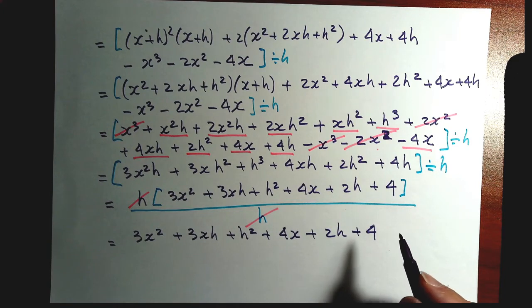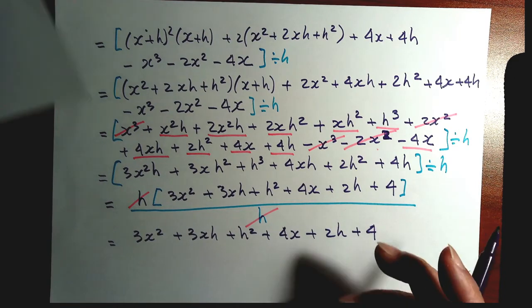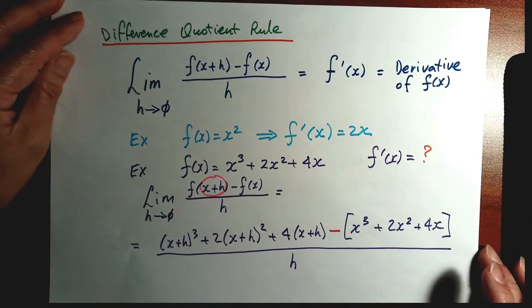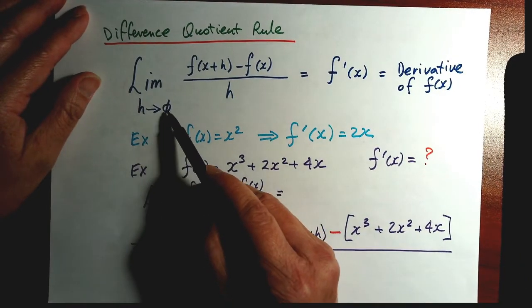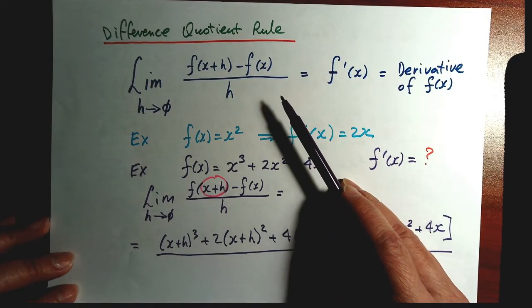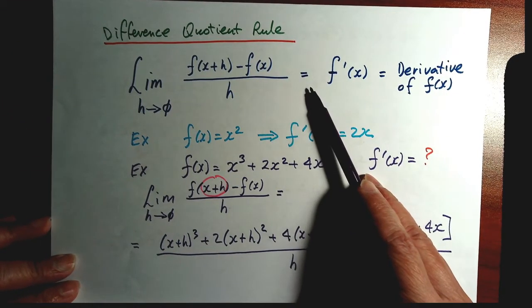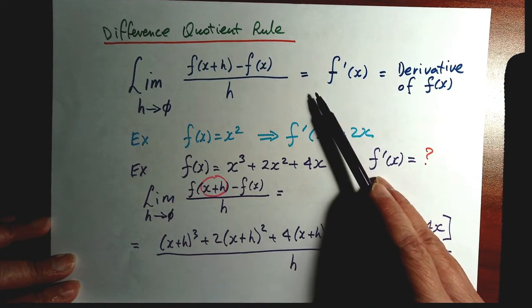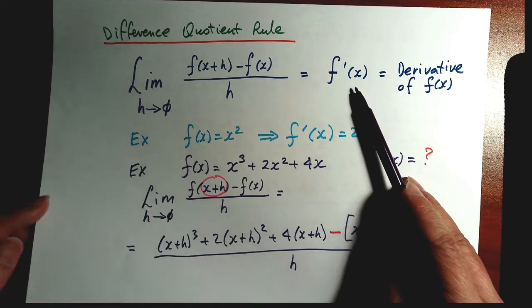If you look at our difference quotient rule, what we are saying here is that as h approaches 0, we want to find out what happens to this function, and that is equal to the derivative.